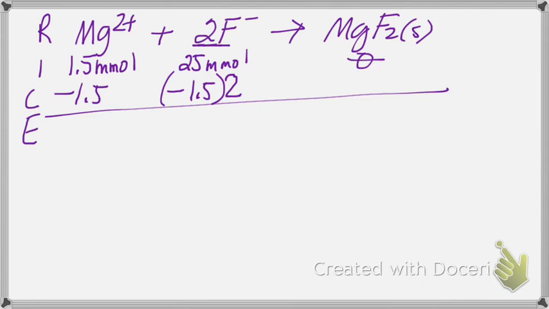So the 2 keeps going throughout. And then this means we're left with 22 millimoles. Oh, just 1.5. Yes, the 1.5 is the limiting reactant. So we can't make more magnesium fluoride than we have magnesium because it's the smallest one.